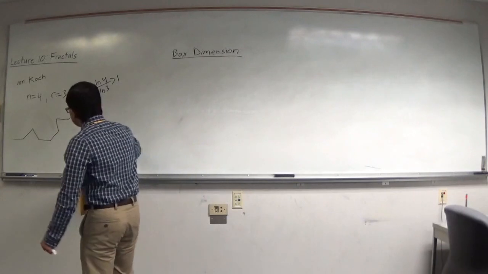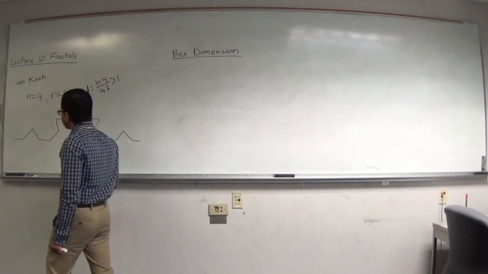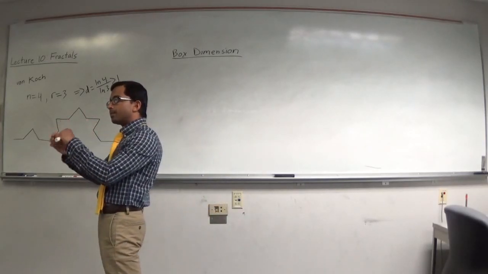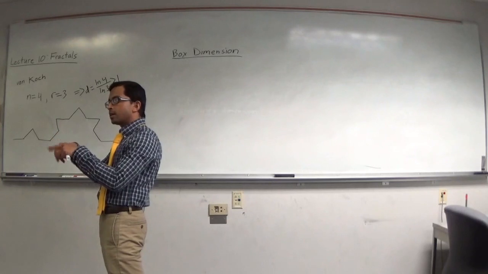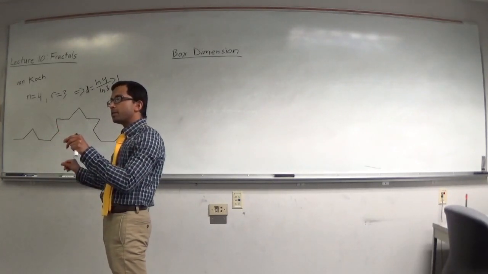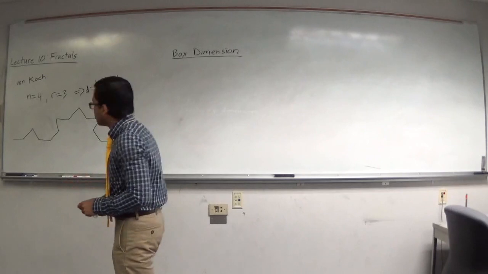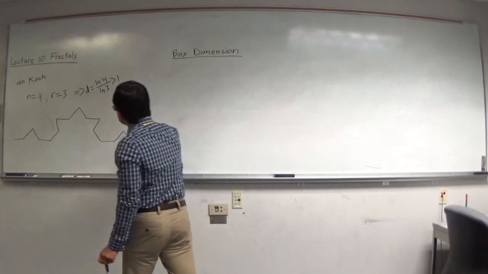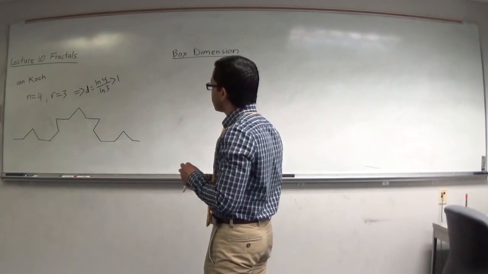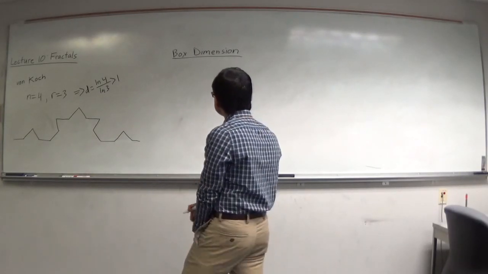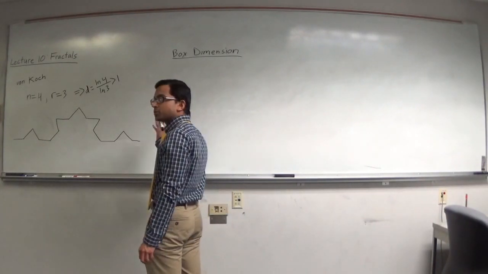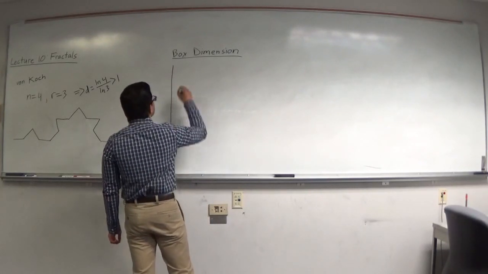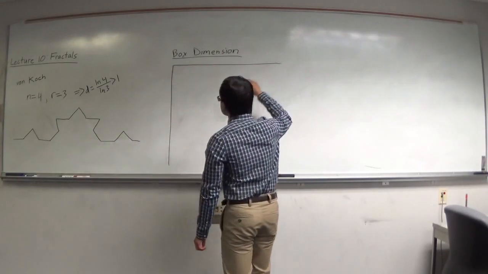If we took a set off to infinity and covered it with the minimum number of boxes of size epsilon, then we can get a dimension for it. But it's hard to see with this. So let's think of the Sierpinski carpet, where the box dimension will come off very naturally. This is what the Sierpinski carpet looks like.